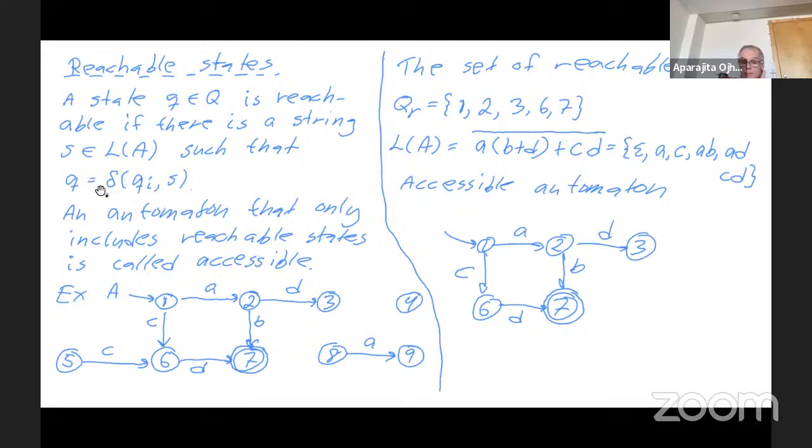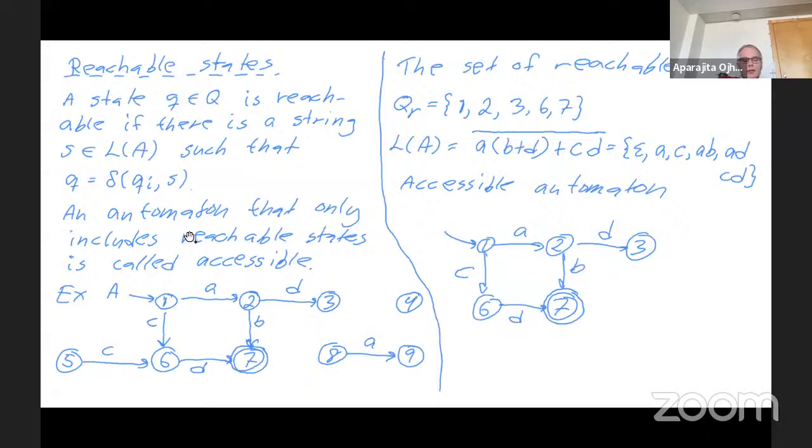If this extended transition function exists from qi to q, then the state is reachable. There is a transition from the initial state to this state q.